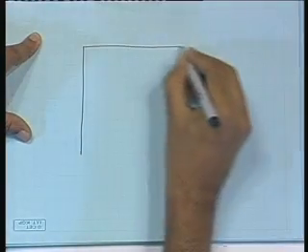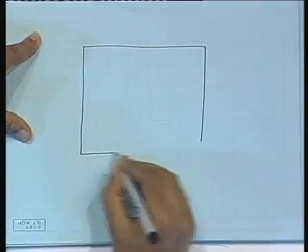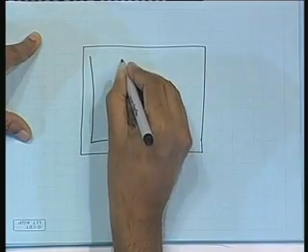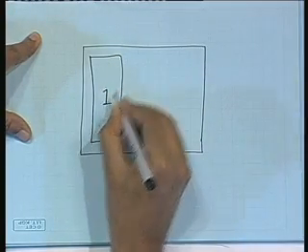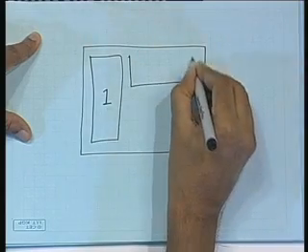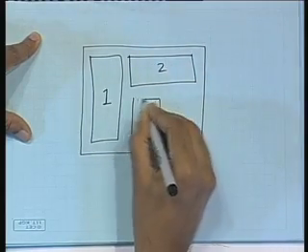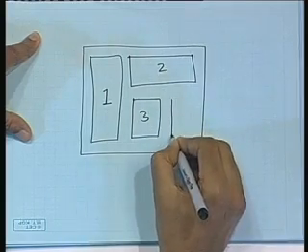Suppose you have a window being displayed on the screen, and this window consists of several frames. This is frame 1, this is frame 2, this is the third frame, this is the fourth frame.